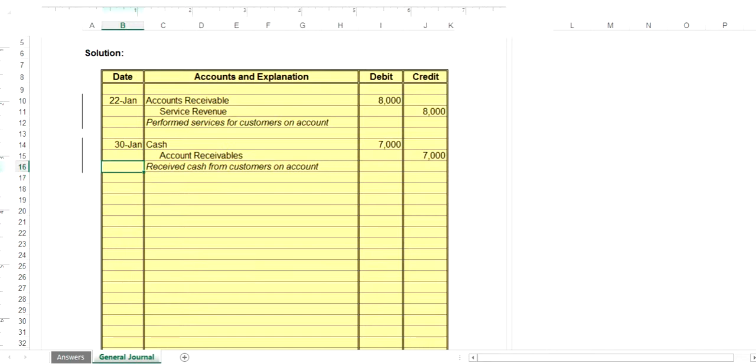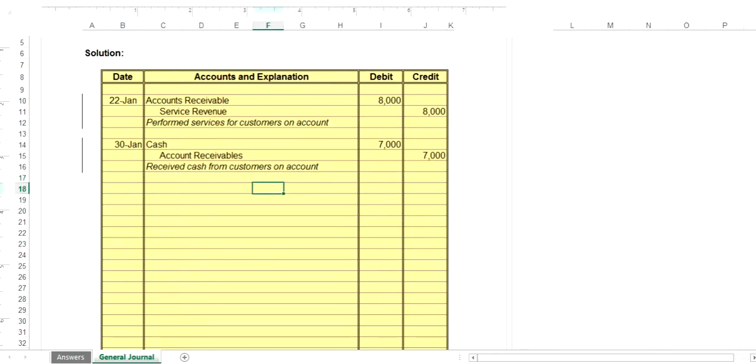So the reason that we debited cash in this problem is because we want to increase the amount of cash on hand. So assets are increased with a debit. And we wanted to decrease the amount that customers owed us in their receivables, so that's why we credited accounts receivable. Because when you have an asset account and you credit that asset account, the balance is going to decrease.